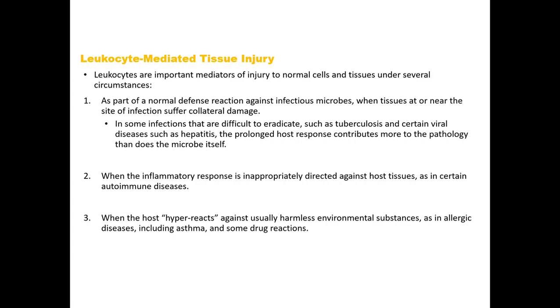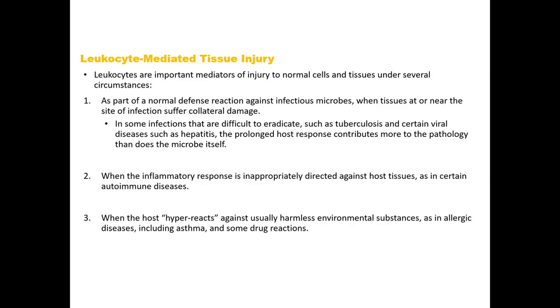Leukocyte-mediated tissue injury. The leukocytes are important mediators of injury to normal cells and tissue under several circumstances. They are not only important cells in the inflammatory process, but also can produce tissue injury. Number 1, when the leukocyte, as a part of normal defense reaction against infectious microbes, causes tissue at or near the site of infection to suffer collateral damage.